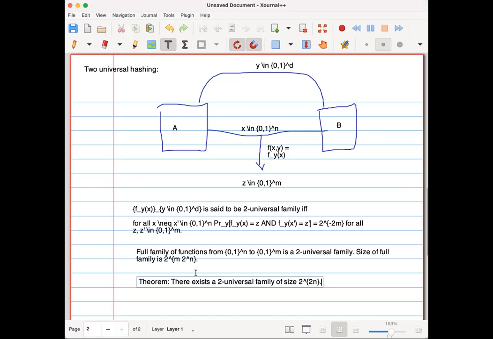So it's singly exponential and no longer doubly exponential. I'll tell you what this family is, and you can go home and check that it is a two universal family. So my seed needs to be only 2n bits now, no longer 2 to the power n times n bits. Just 2n bits.